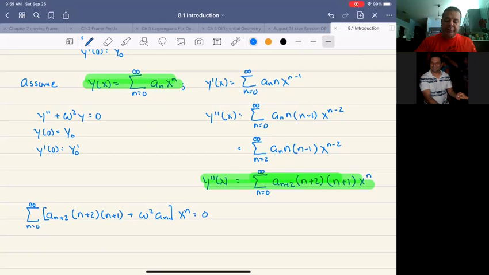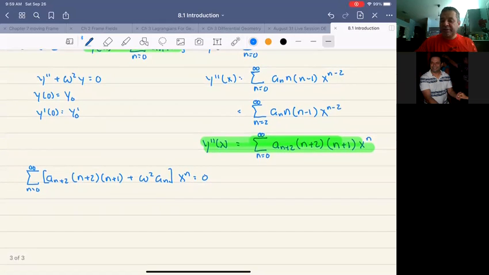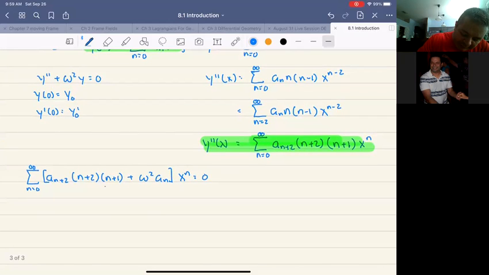Okay, so our recurrence relation is just, again, at each n, the coefficients. So it's going to leave us with a sub n plus 2, n plus 2, n plus 1, plus omega squared a sub n equals 0.